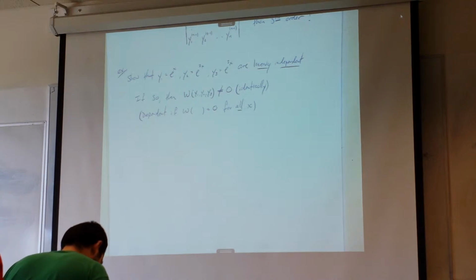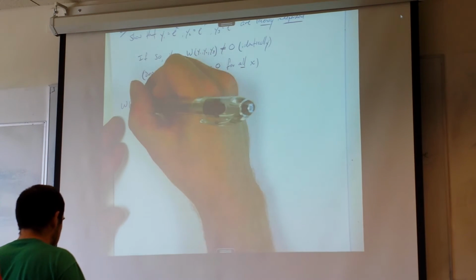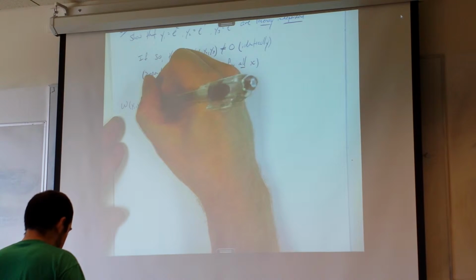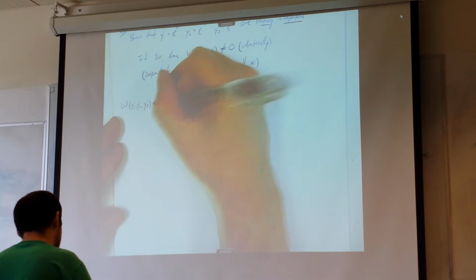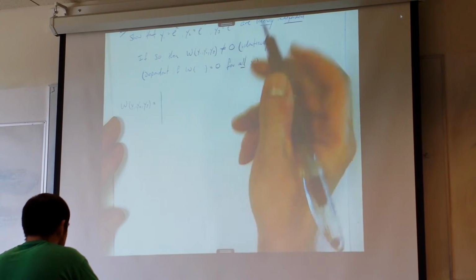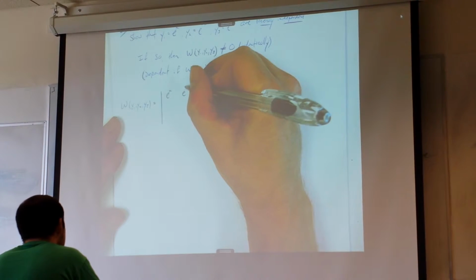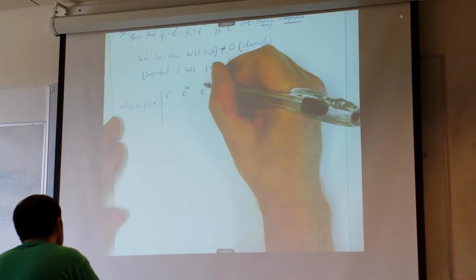All right. So how do I set this up? We lay down just the three functions in the first row: y1, y2, y3. So we got e to the x, e to the 2x, and e to the 3x.